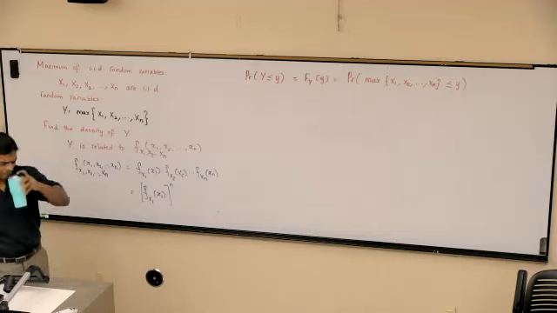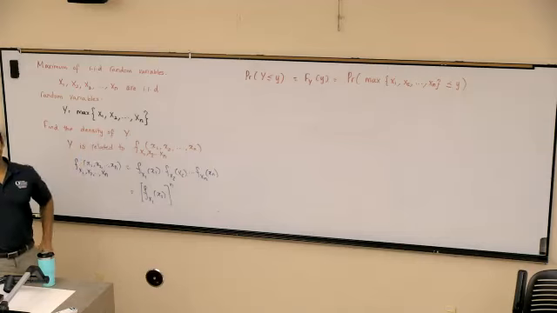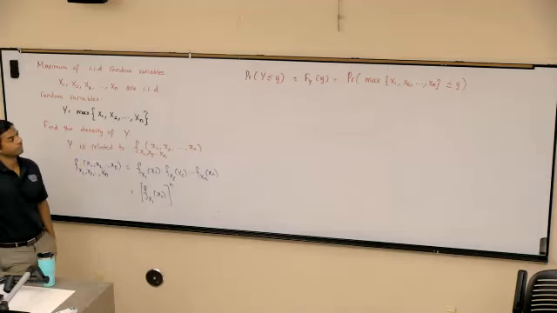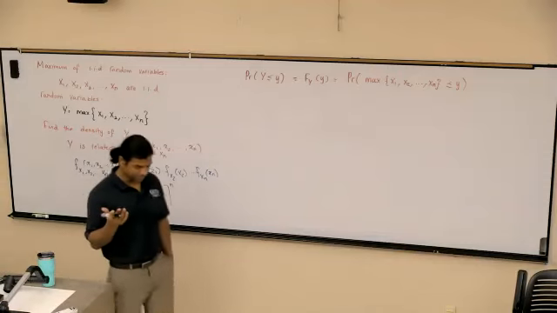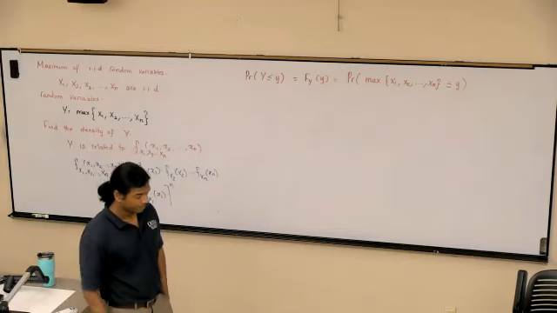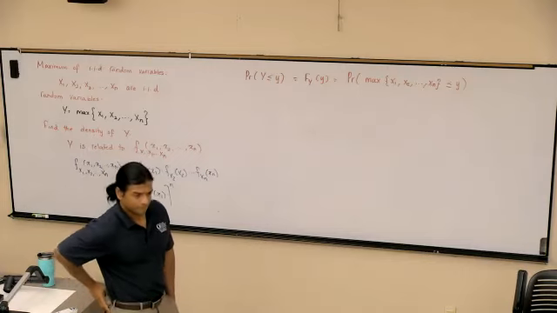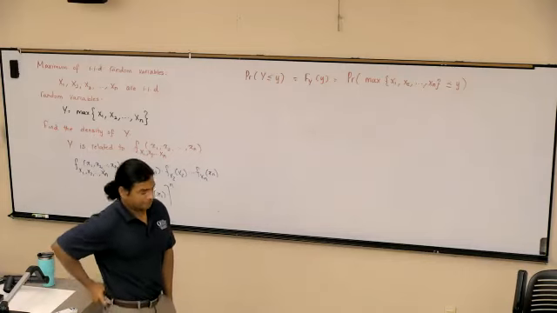Here is a question. What would that translate to in terms of x1, x2, all the way up to xn? What do you mean by that? Because the maximum of all those things is just going to be another x.